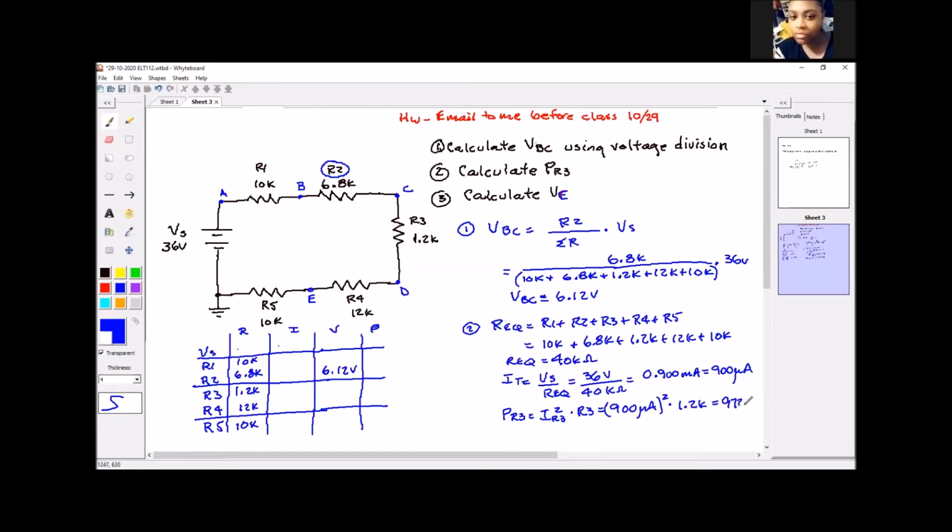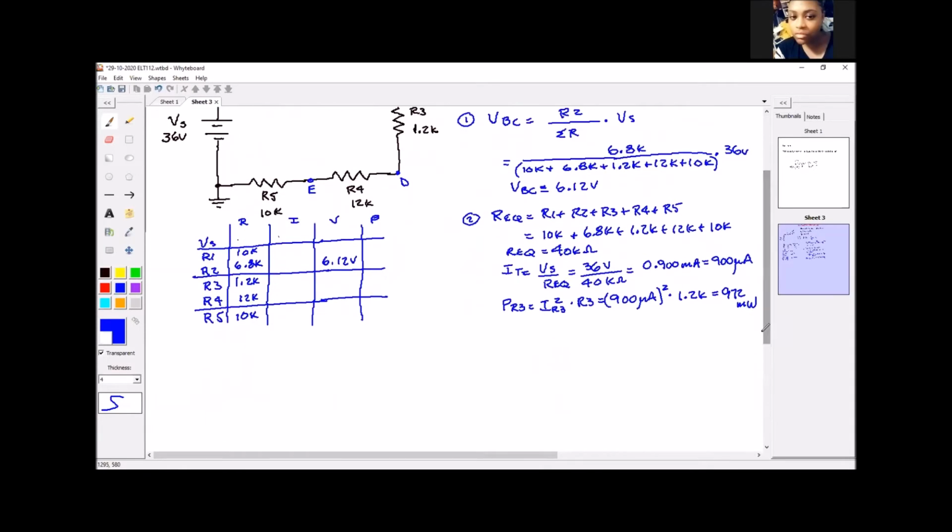Yes, sir. I didn't use a table like when I did the homework. Is that okay? Yeah, you don't need to do the table. I just find that, especially for people who are just learning this at the very beginning, the table helps because it allows you to look at it and say, okay, in any row or column, I need to find at least two things to find the third.